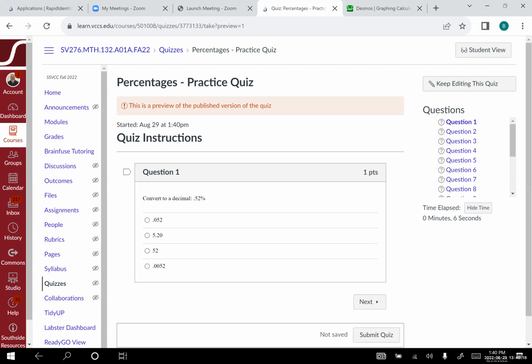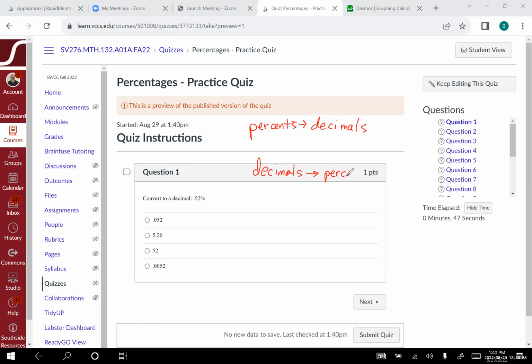All right. Do you remember converting percents to decimals? And then of course we go the other way sometimes too, where we convert decimals to percents. So sometimes we take a percent and change it to a decimal, and sometimes we take decimals and make those percents.